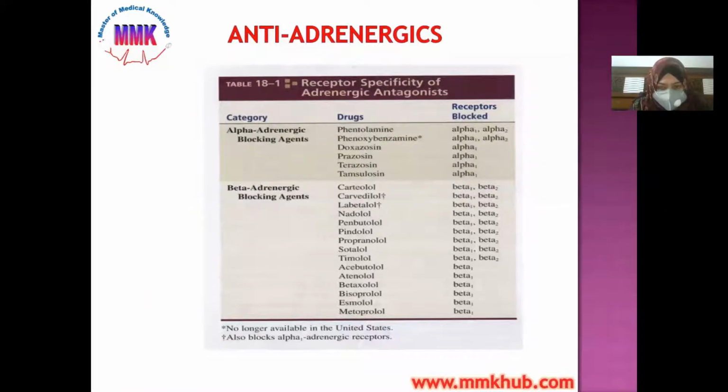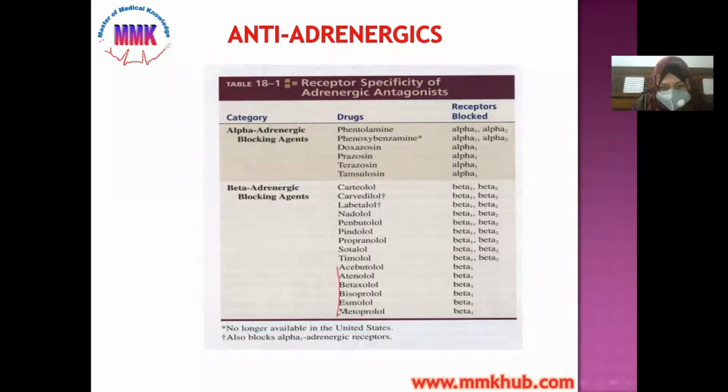All the medicines which start from the letter A to the letter M, except the letter C, are the selective beta blockers. For example, let me just annotate so that you can understand from here.